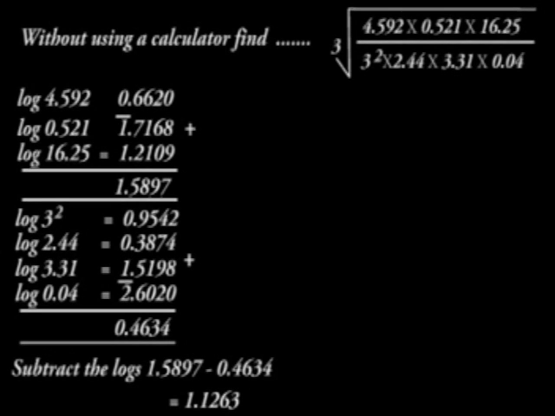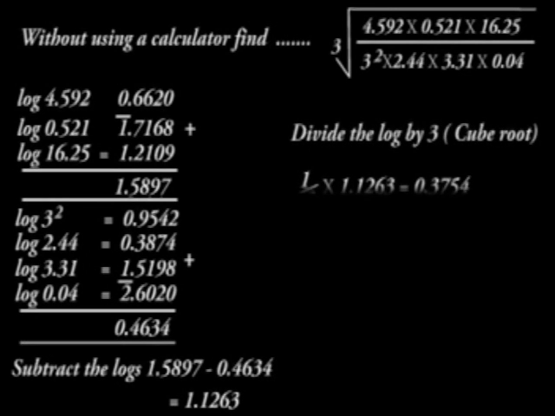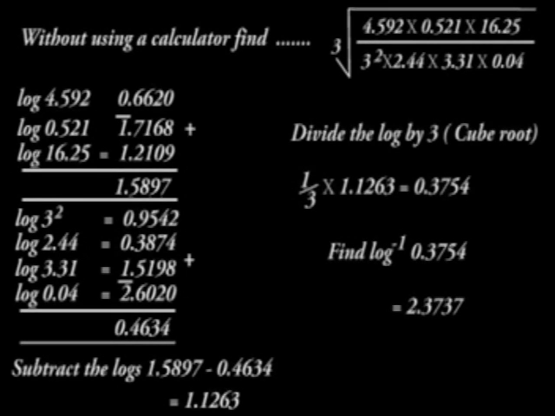We are supposed to find the cube root of that. Therefore, we divide the log by 3, and we shall end up with 0.3754. Finally, we find the antilog of that, and we shall get 2.3737. You can try and confirm that answer with a calculator.